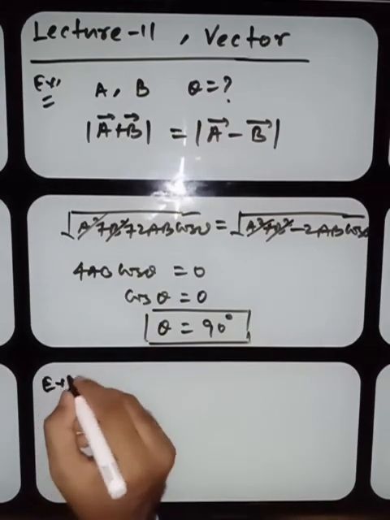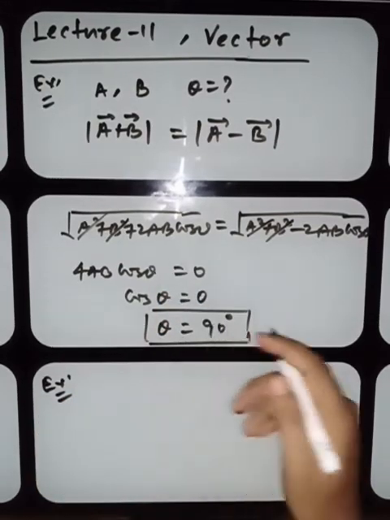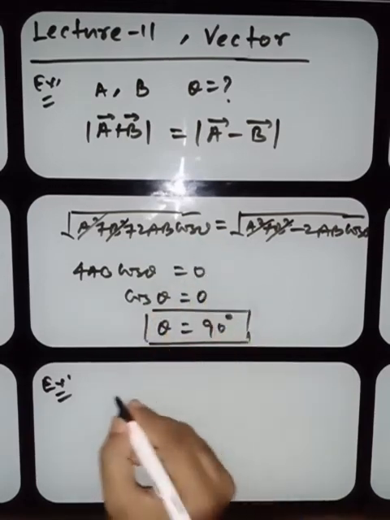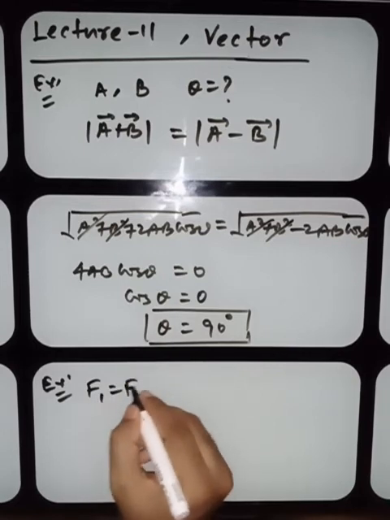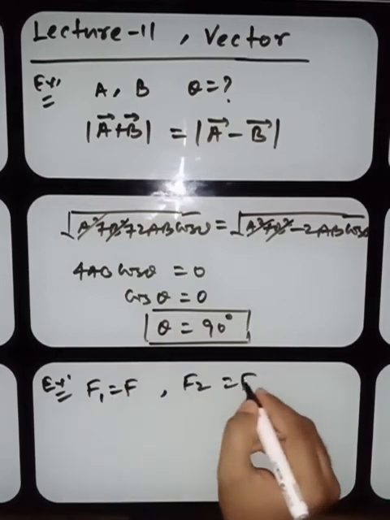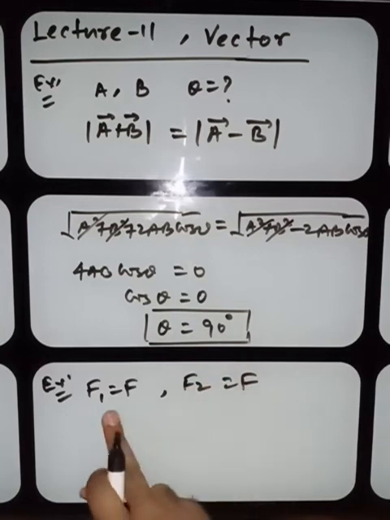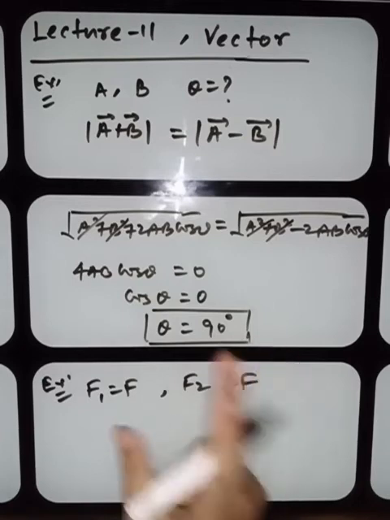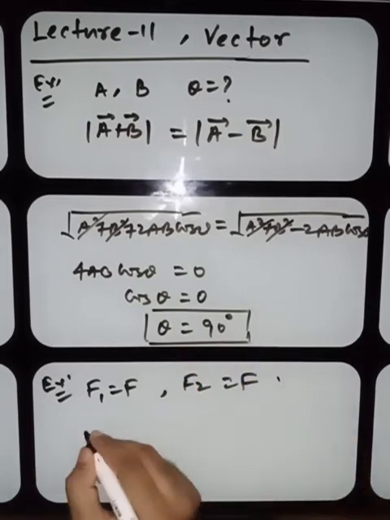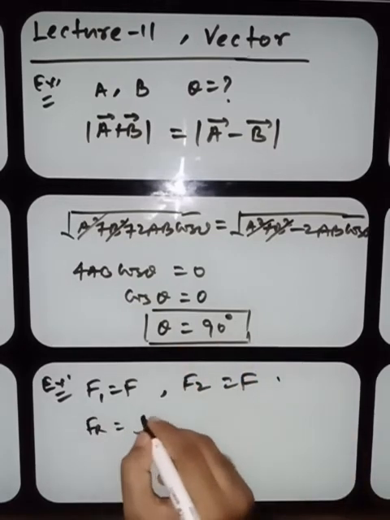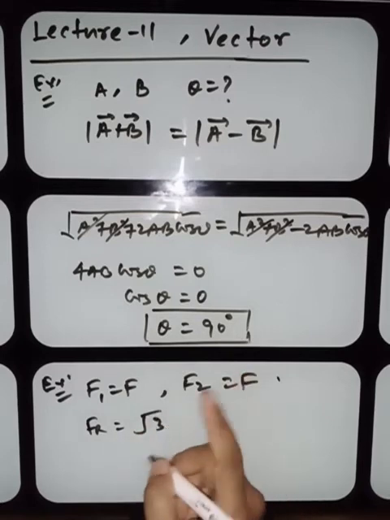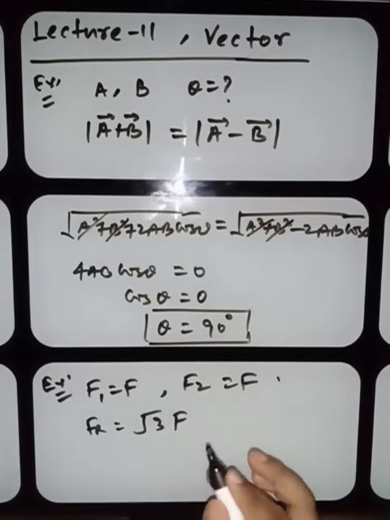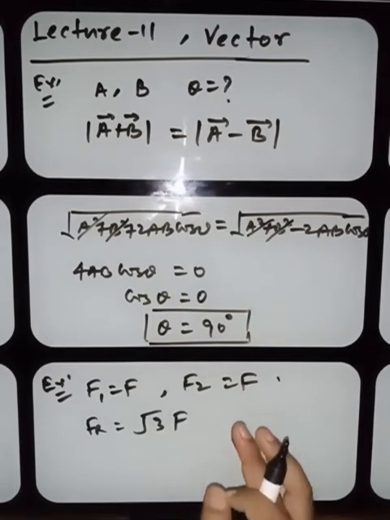Now, another example. Try to solve. Write down the question, my dear student. If the resultant of two identical forces, suppose F1 is F and F2 is also F, is root 3 times the magnitude of either force, root 3 F, then find the angle between the two forces.